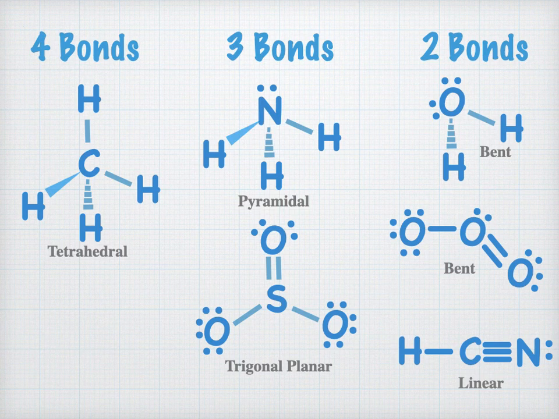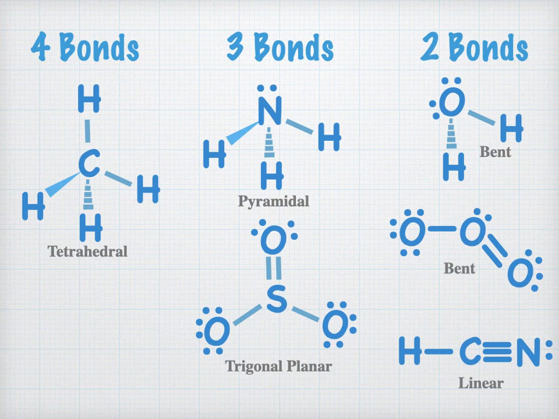2 unshared pairs of electrons are going to put you in the bent shape at that 105 degree angle. 1 unshared pair of electrons is going to push you into that bent shape from the trigonal planar, so slightly less than 120 degrees. And no unshared pairs of electrons on 2 sets of bonds is going to get you a linear shape. So there's really 2 ways to look at this.